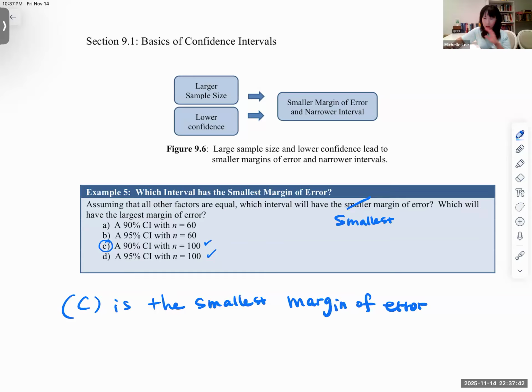Okay, let's talk about the largest margin of error then.